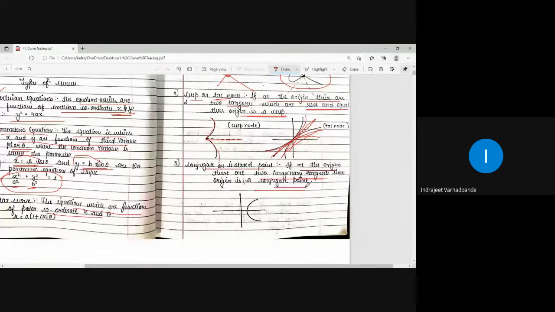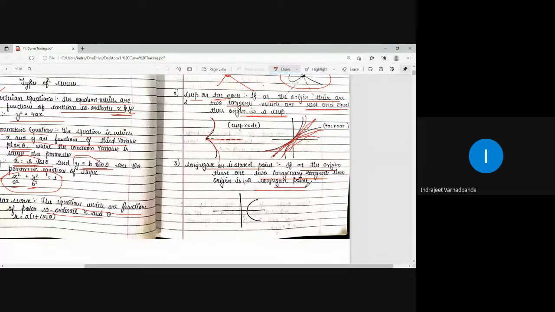Those particular points will be imaginary points containing i. In mathematical language, the equation containing i will be referred to as an imaginary tangent which we can easily identify, and that will be the conjugate or isolated point. Cannot be drawn or shown in the given curve or the given diagram.